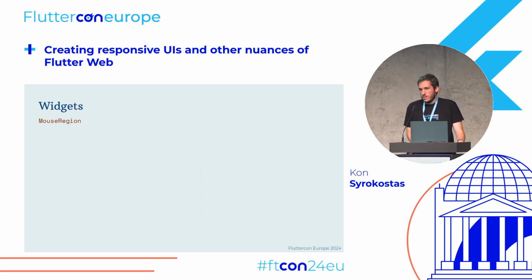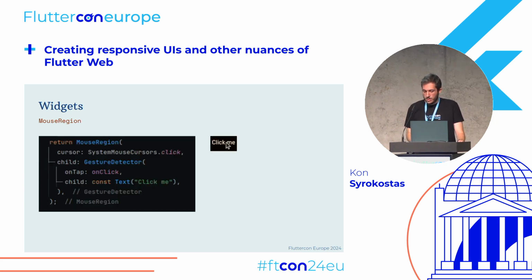Another thing that doesn't make sense on mobile but is needed on the web is the cursor changing. If you try to click something on the web or place your cursor on top of a GestureDetector, it will look like that. Fortunately, we have MouseRegion, which allows the cursor to change and give some feedback, like, oh, this is a clickable action.